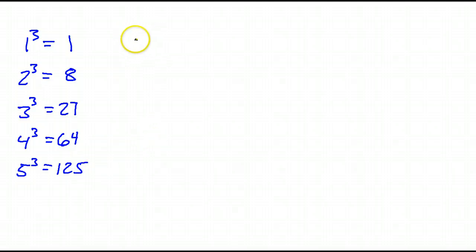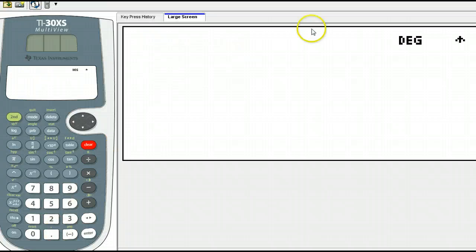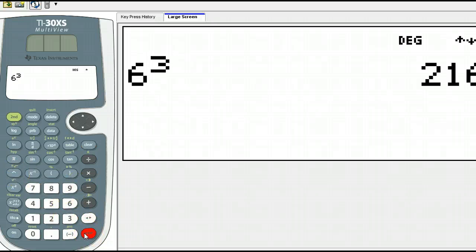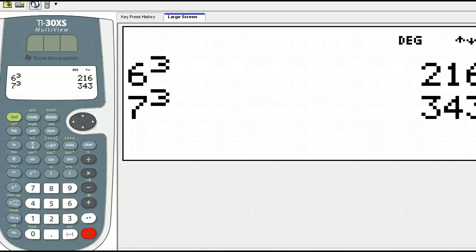Let's do a few more. 6 to the third power is 216. Now, you don't have to memorize these. It helps a little the more of them you know, but for example, I can just use the calculator quickly. So 6 to the third power, 7 to the third power, alright, is 343.